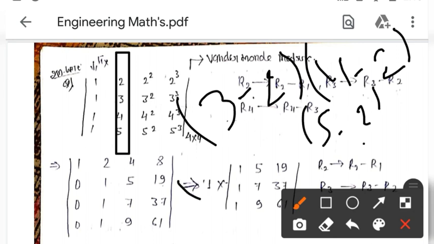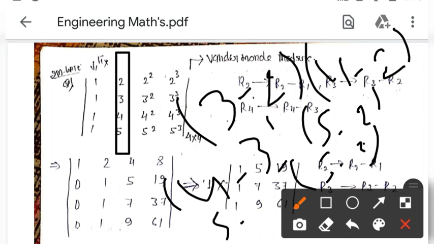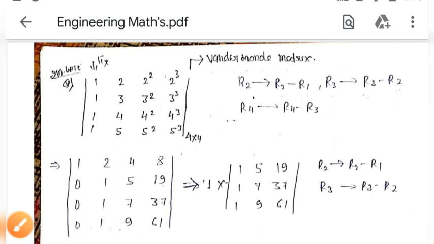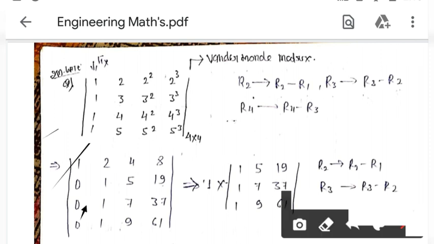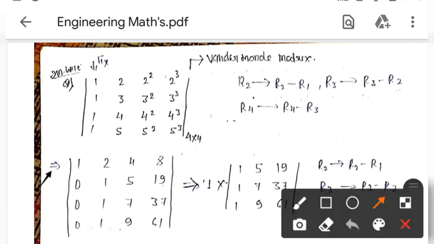Next you write 4 minus 3, next 5 minus 3, and the last you write 5 minus 4. Sorry, here it is not visible to you because I am using my finger. So I'll explain: first you write 3 minus 2, next 4 minus 3, next 5 minus 4. This is one pattern. Then again you repeat from here, 4 minus 3, 5 minus 4. Now again repeat the last, which is 5 minus 4.